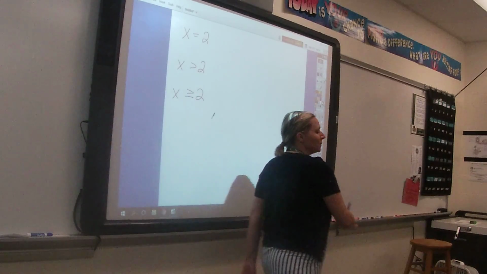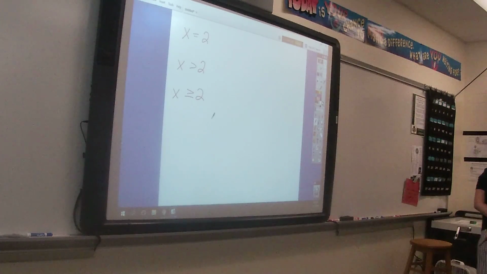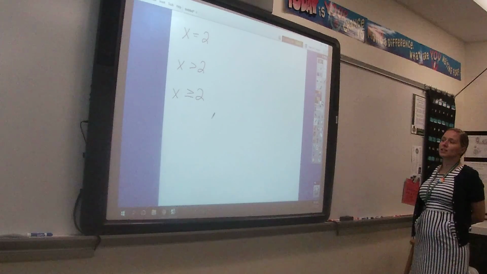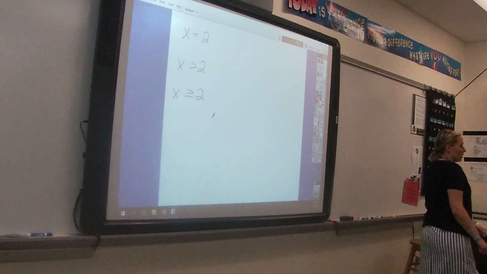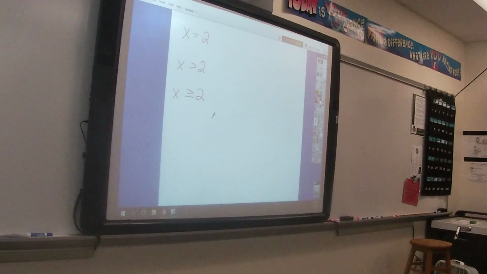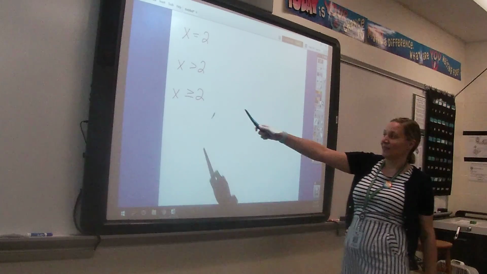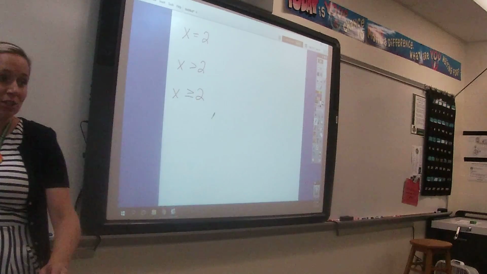What does this say? Okay, so x is greater than or equal to 2. So can x equal 2 in this one? Yes. What else can x equal? Anything above 2. So how many answers does this one have? An infinite amount of answers.